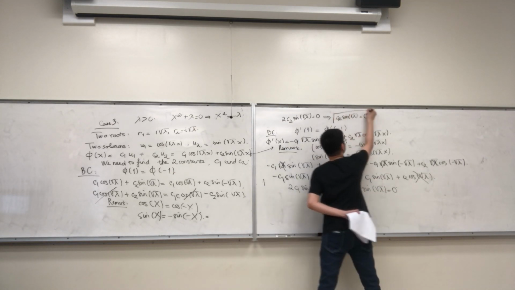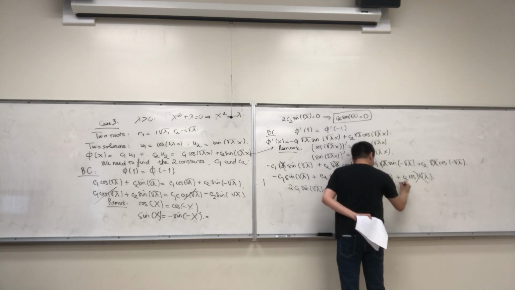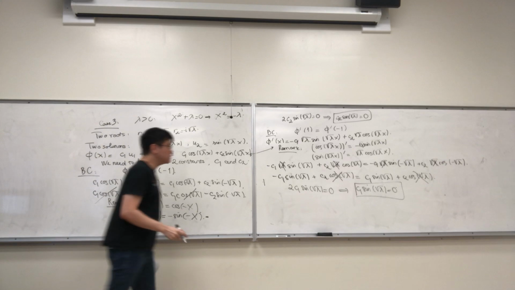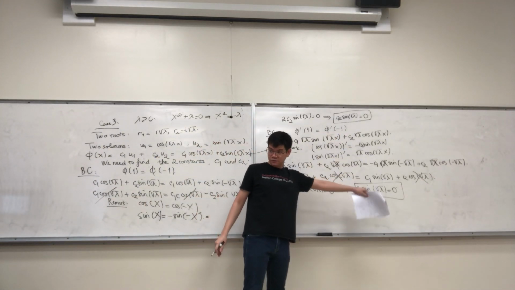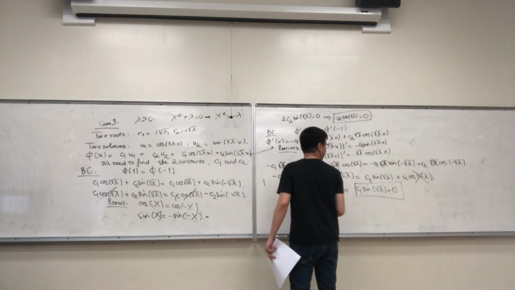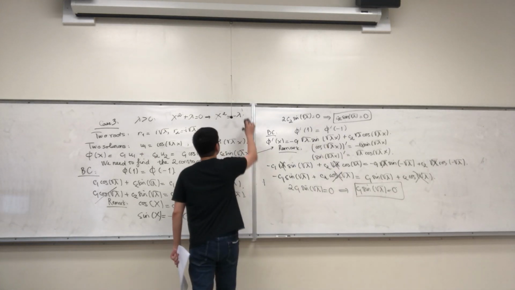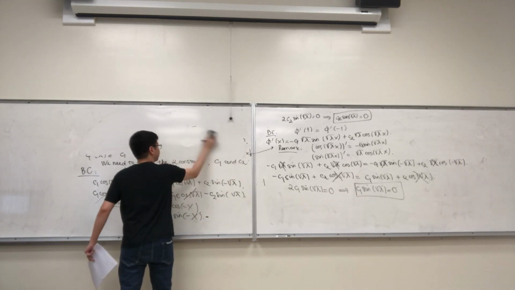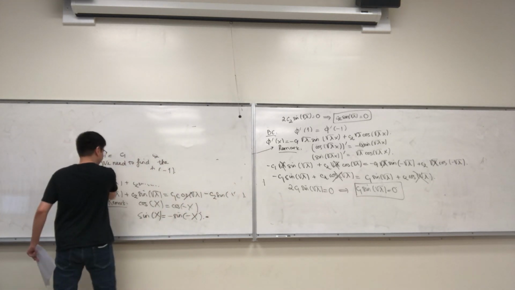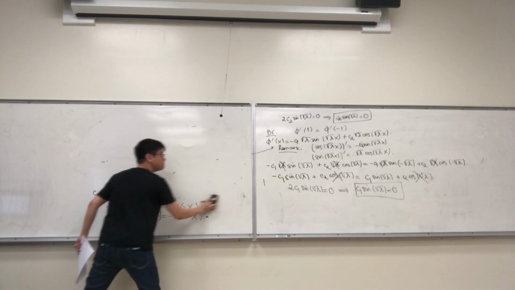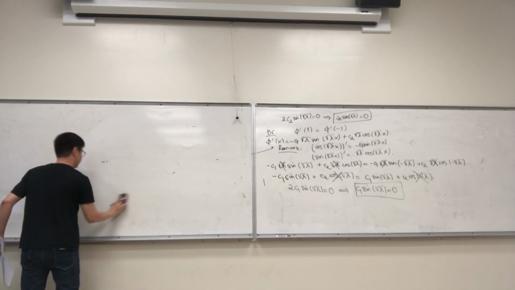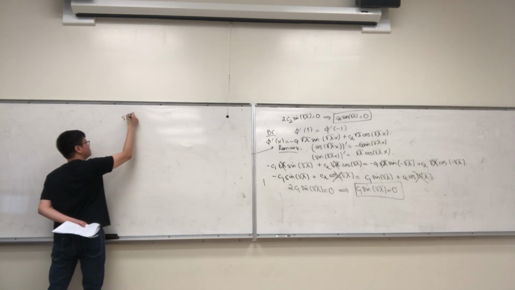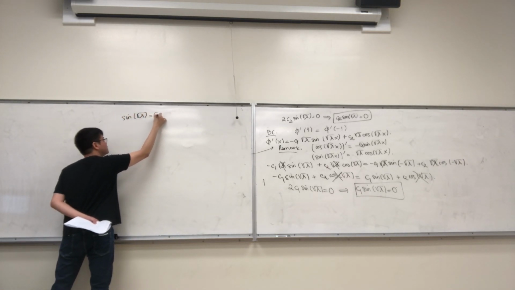So I have two equations. The first one is this one, and the second is this one. Right? So from the two equations, I conclude that sinus of square root of lambda is always 0.